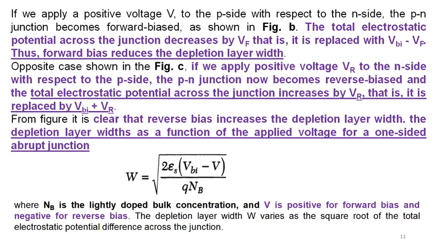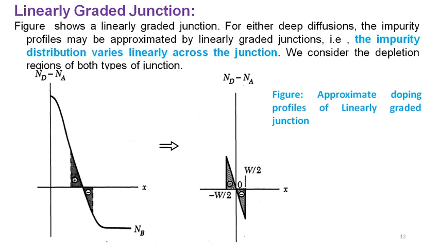V is positive for forward bias and negative for reverse bias. This means the depletion layer width varies as the square root of the total electrostatic potential difference across the junction.